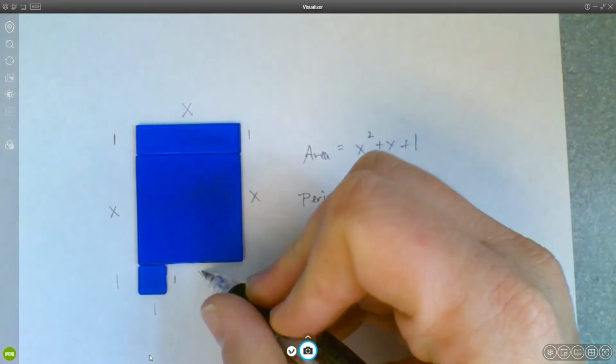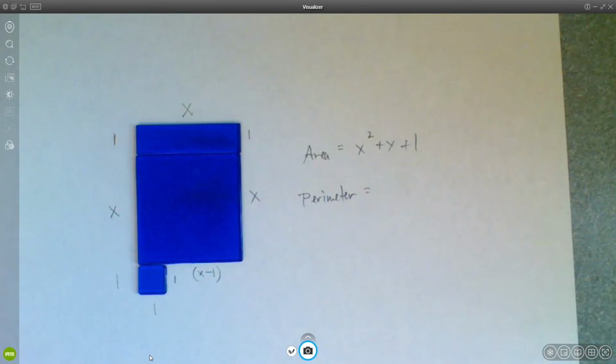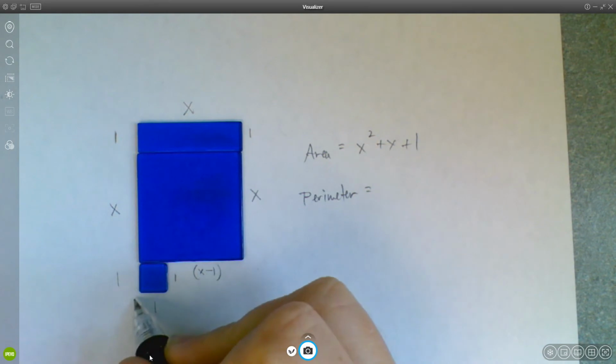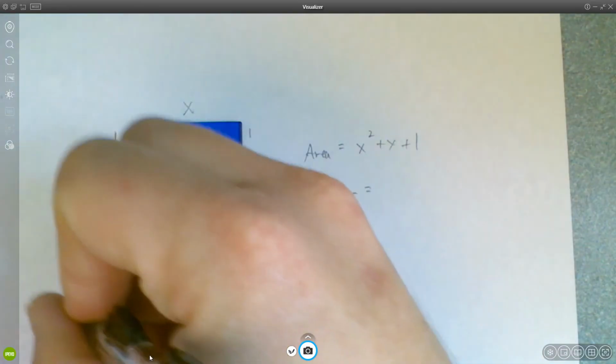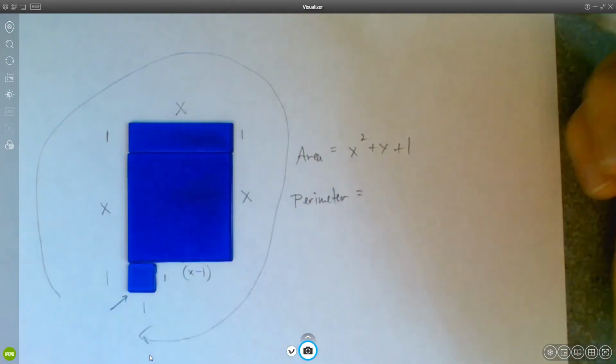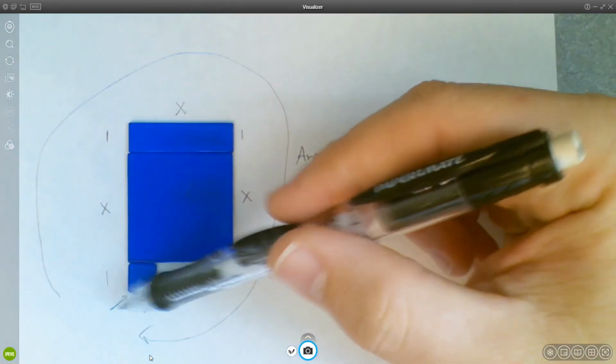So here is x minus 1. That's that little part there. So the reason I'm labeling all the sides is because that's what the perimeter is, right? The perimeter is the distance around the object. So I'm going to start at this corner, and I'm going to work my way counterclockwise. When I add these up, I'm going to start here and work my way counterclockwise.